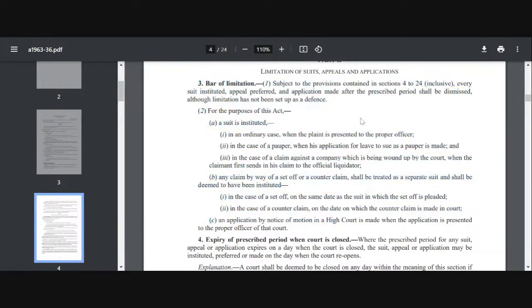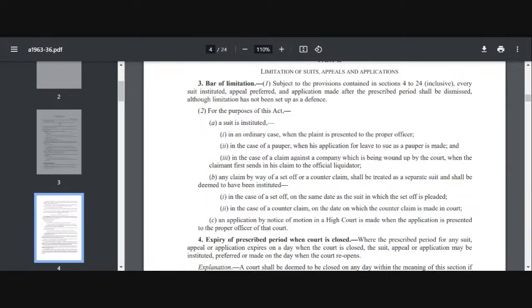Now, section 3 is actually subjected to or controlled by section 4 to 24, both inclusive.